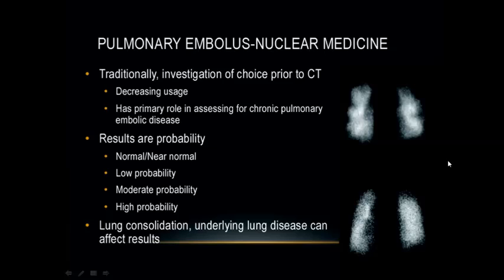For example, after a nuclear medicine examination, we can say that pictures are normal or nearly normal, low probability of pulmonary embolism exists, moderate probability or high probability. A disadvantage of nuclear medicine diagnostics is that lung consolidation or underlying lung disease can affect results.